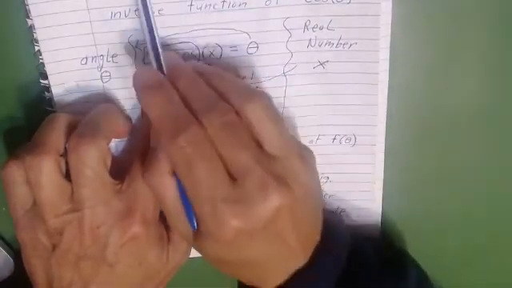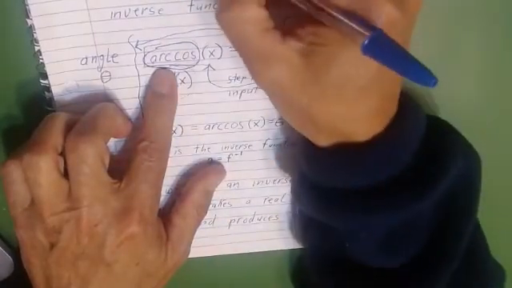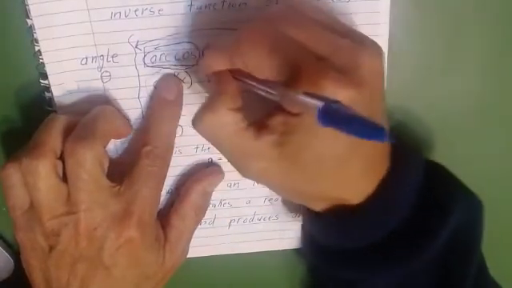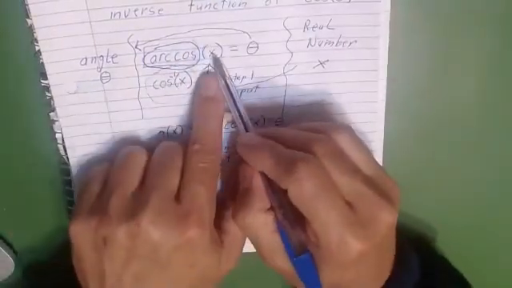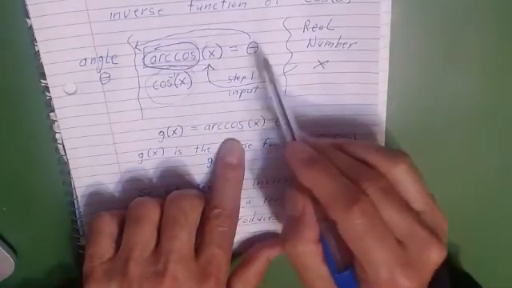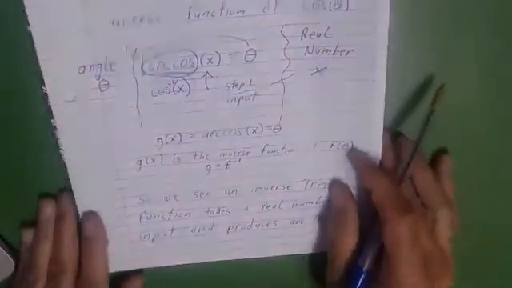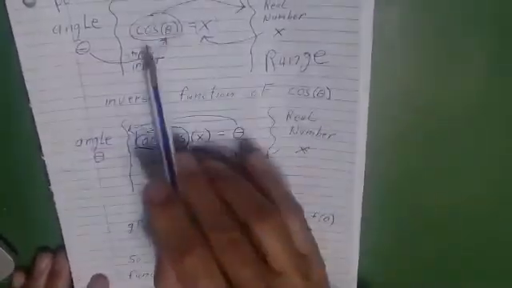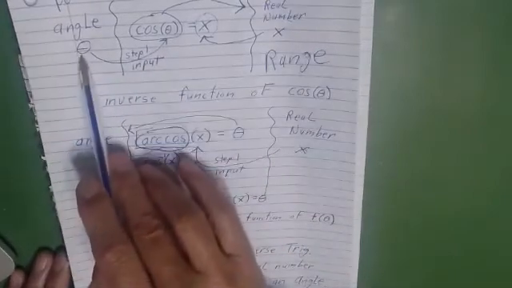So if we want to do the inverse of this, we have to take its output as our input to the inverse function. So this is a real number, goes into the arccosine function, and it produces an angle, theta. So very simply, the ordinary function takes an angle.